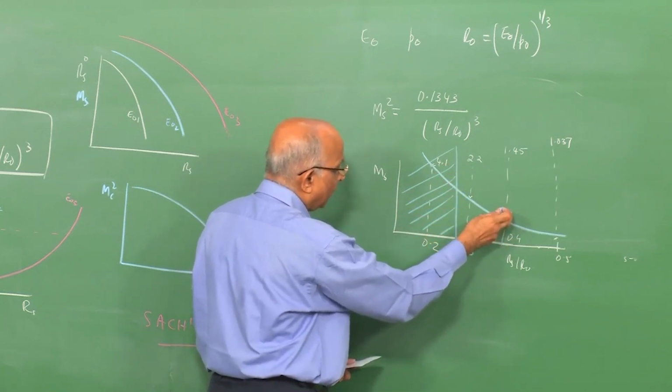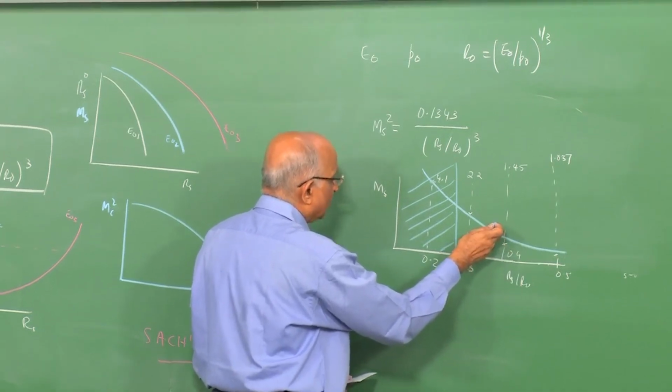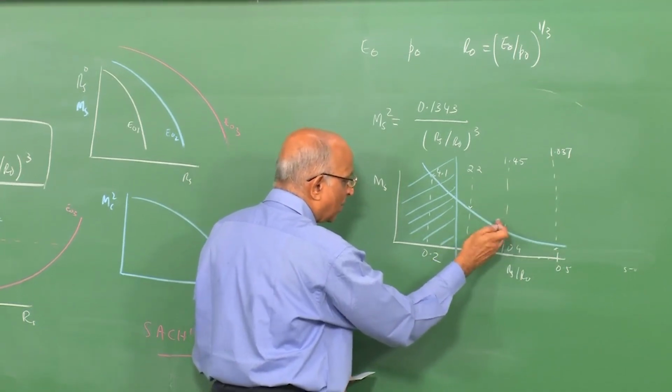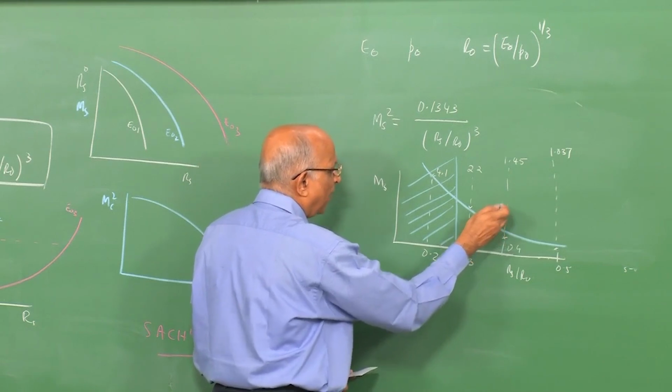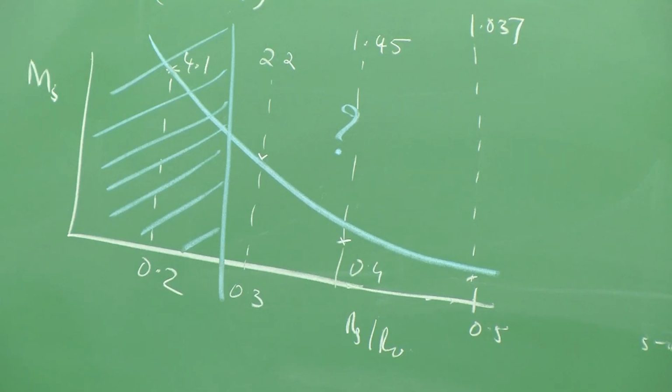In this region, the Mach number influences the jump conditions and the profile, and maybe in this case the predictions may not really be that good.